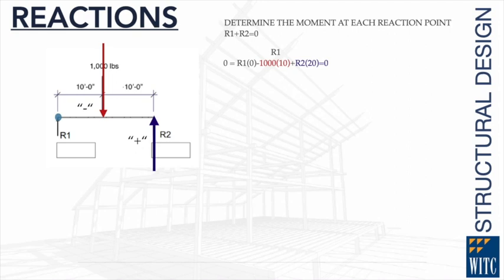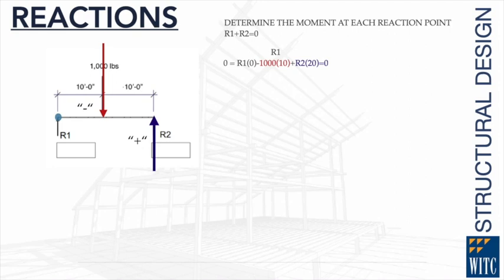So technically, at my R1, there's a moment there too, that's 0. And I'm just going to draw this in the first line and leave it at that. So R1 times 0 is 0, because there's an unknown force, but it's also at 0. So our first moment is the point load.